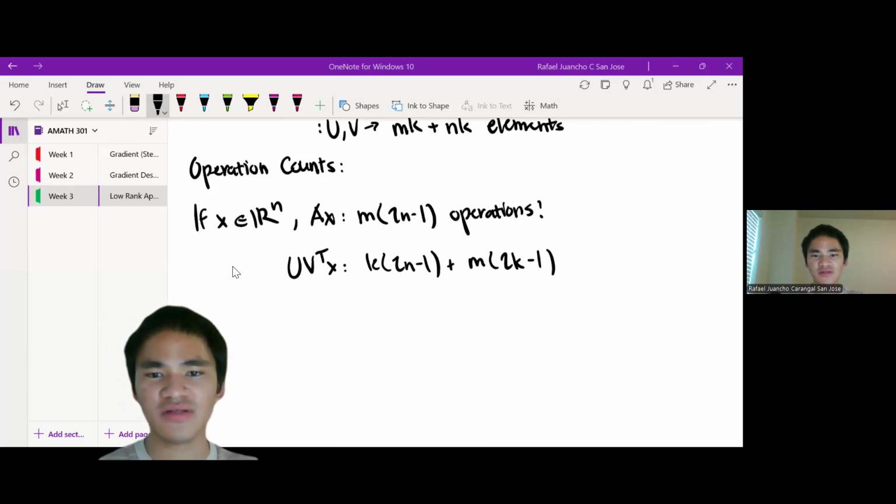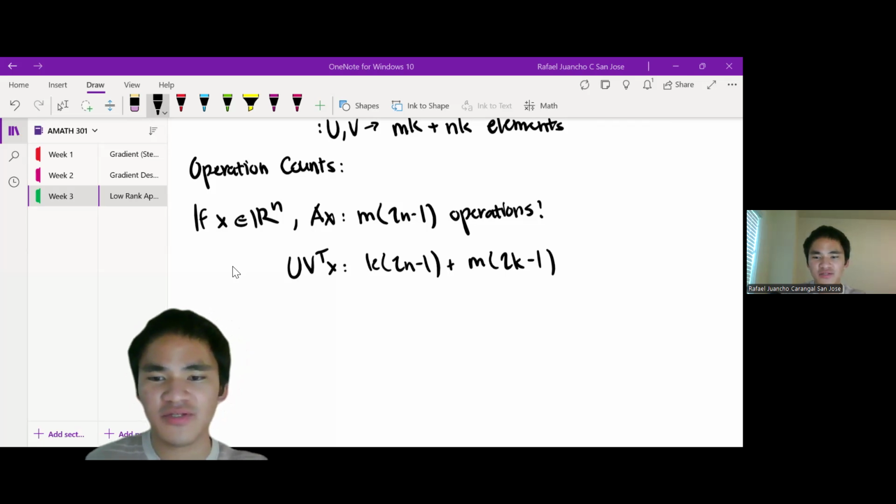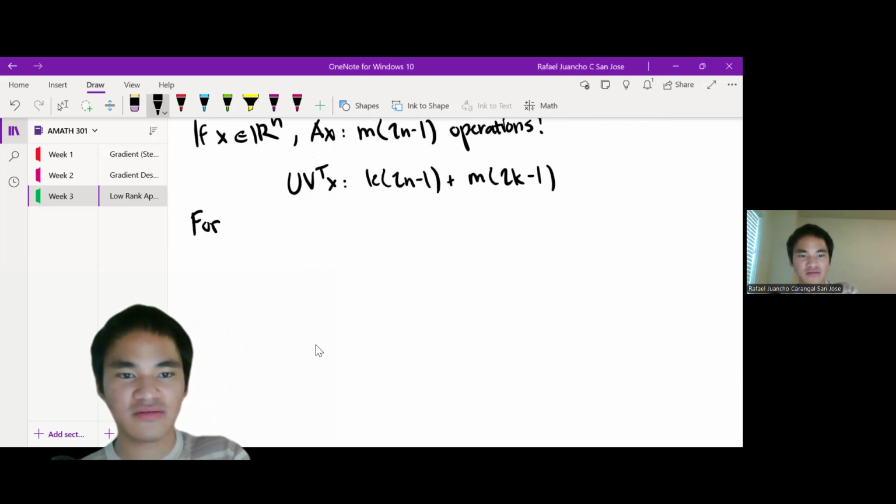And a lot of matrices are not low rank or do not have small k, right? But these could be approximated by low rank matrices. So let's say, for example, we're given this matrix: 1, 2, 3 plus 10 to the negative 16, and 1, 2, 3 minus 10 to the negative 16.